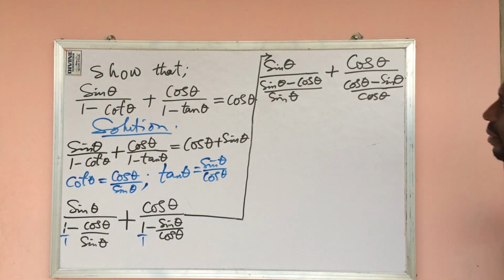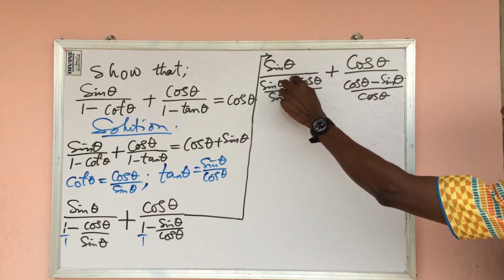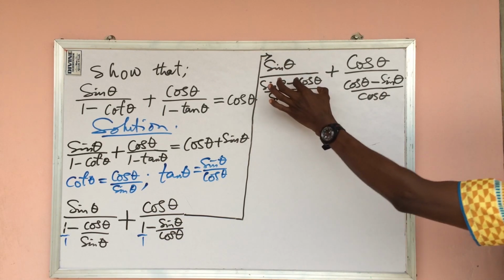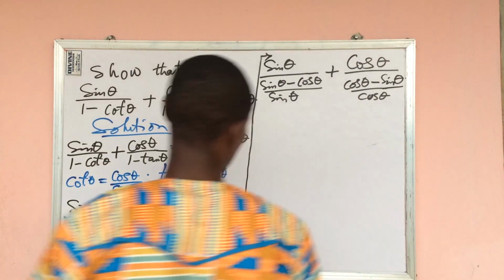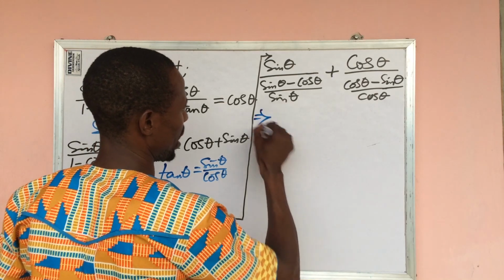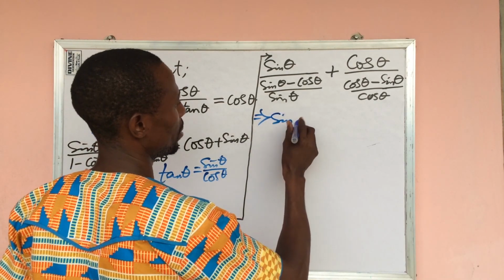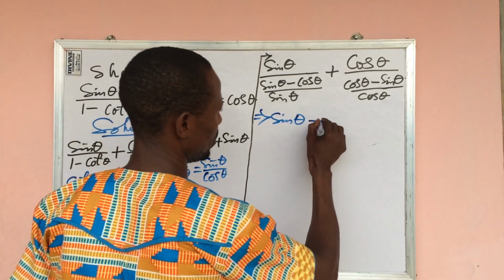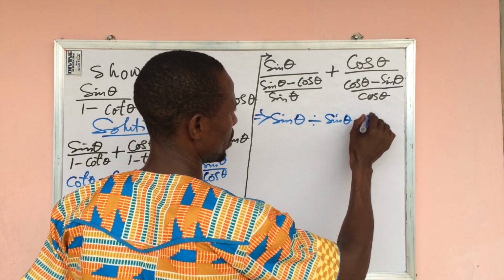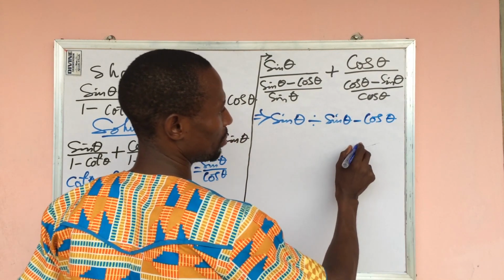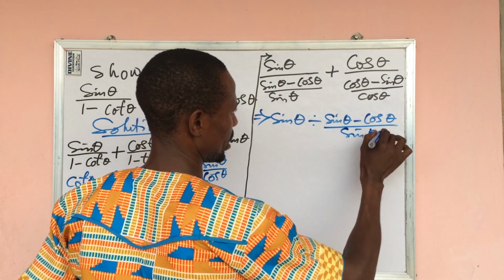Now let's look at this. This is a major division sign. The numerator and everything here is the denominator. Numerator and everything here is the denominator. Let's express them out first. So the expression above can now be written as sin theta divided by sin theta minus cos theta, all over sin theta.